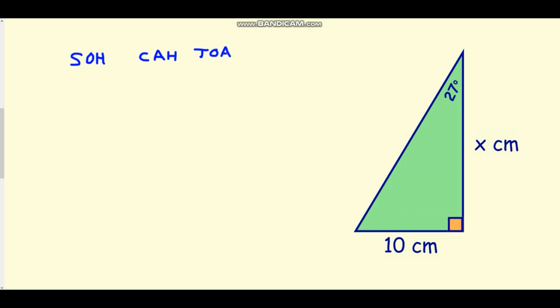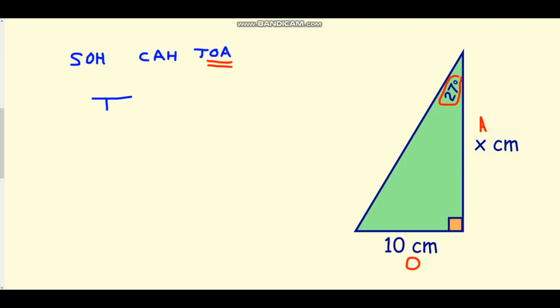Okay, right, our identified angle, 27 degrees, is at the top of our triangle here, so that makes our 10 centimeters our opposite side, and our adjacent side equal to x. If we've got the opposite and the adjacent, we are using tan as a trig function.